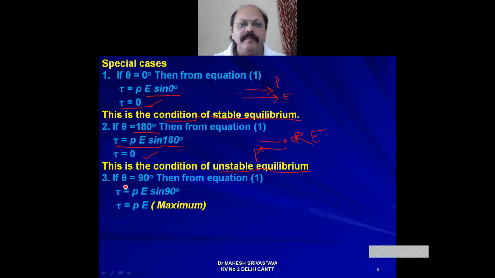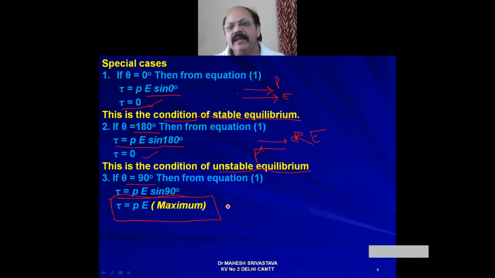Now if theta equals 90 degrees, what expression will you get? Tau equals P E sine 90 degrees. Sine 90 is 1, so you will get the maximum torque. So in that case you are getting the maximum torque.